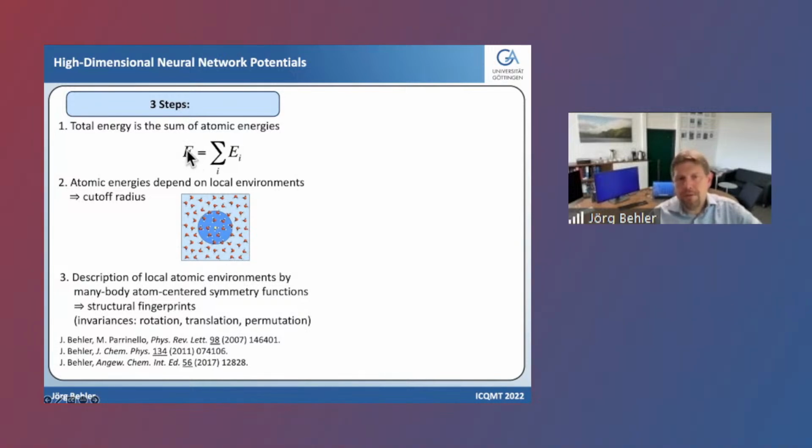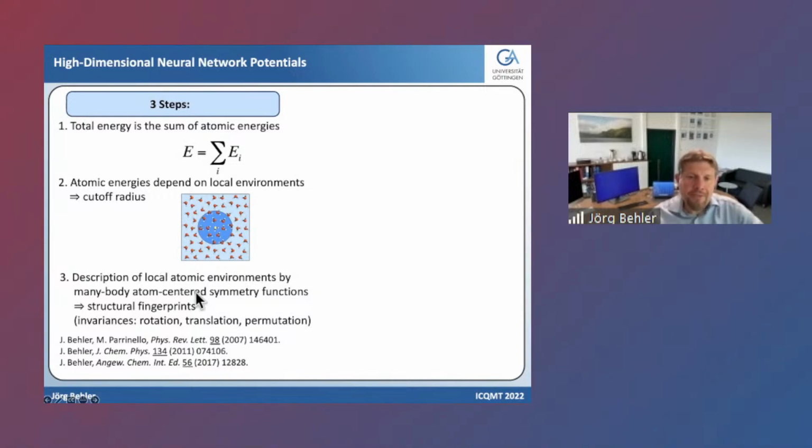So the total energy is the sum of the outputs of a set of feed-forward neural networks, and these atomic energies depend on the local chemical environment of the atom up to a certain cutoff radius, which is not so small, typically 6 to 10 angstroms.